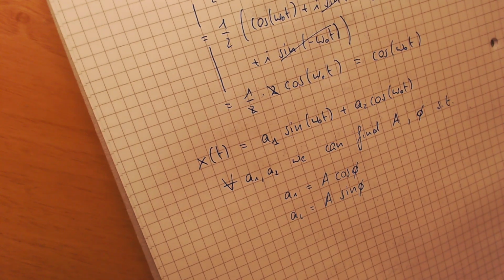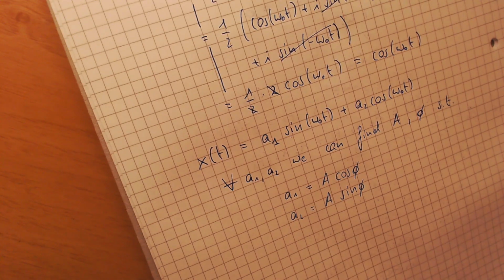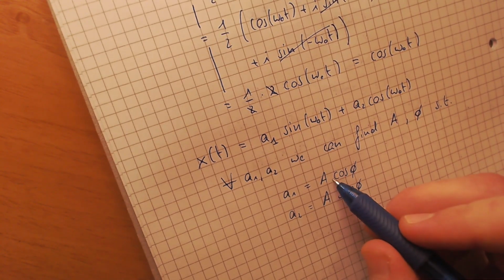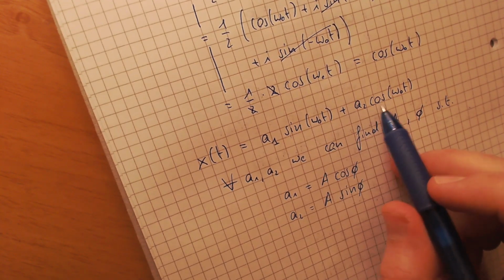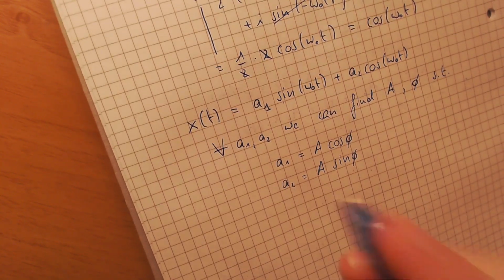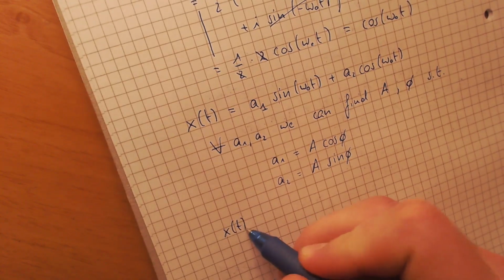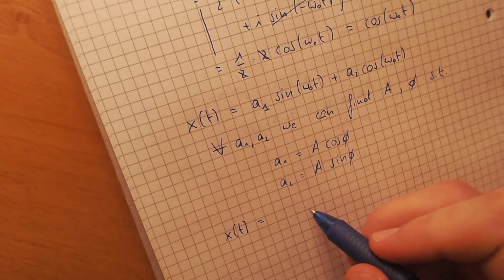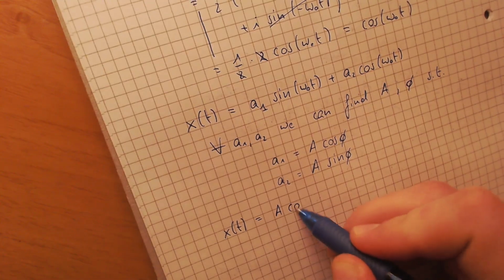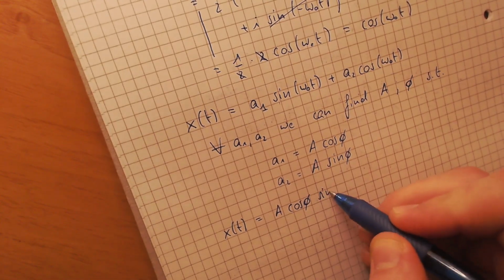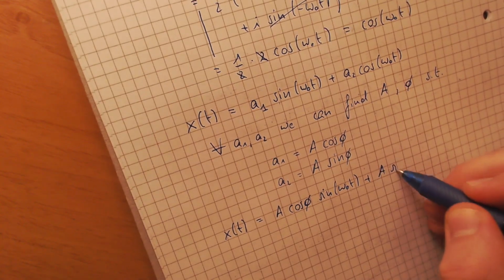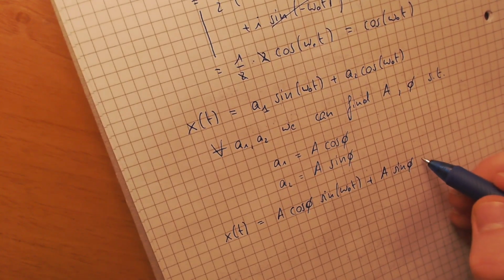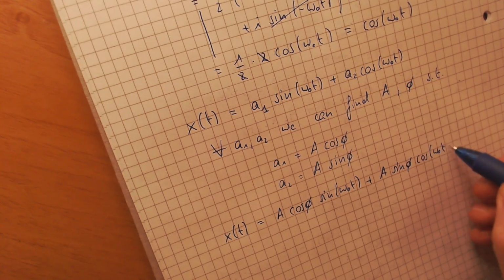Okay, so we basically write this so that we have A cosine of phi and A sine of phi here in this solution. If we do so, we basically get that x of t is A cosine of phi sine of omega 0 t plus A sine of phi cosine of omega 0 t.